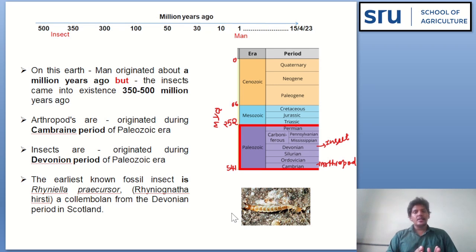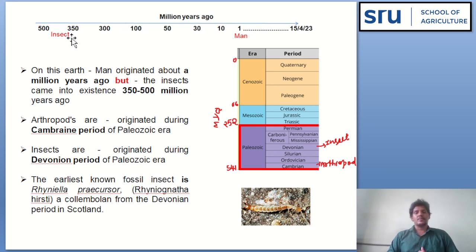On this earth, man originated just about a million years ago, but insects came into existence 350 to 500 million years ago.